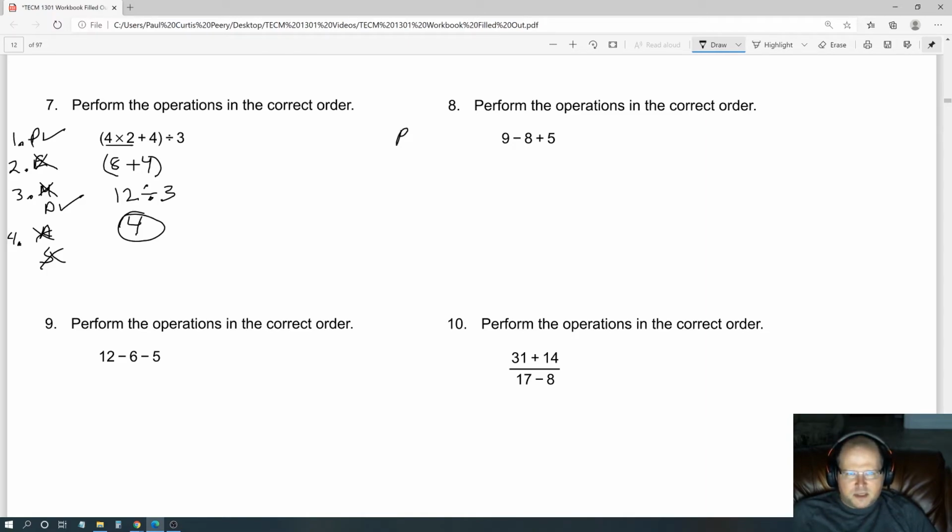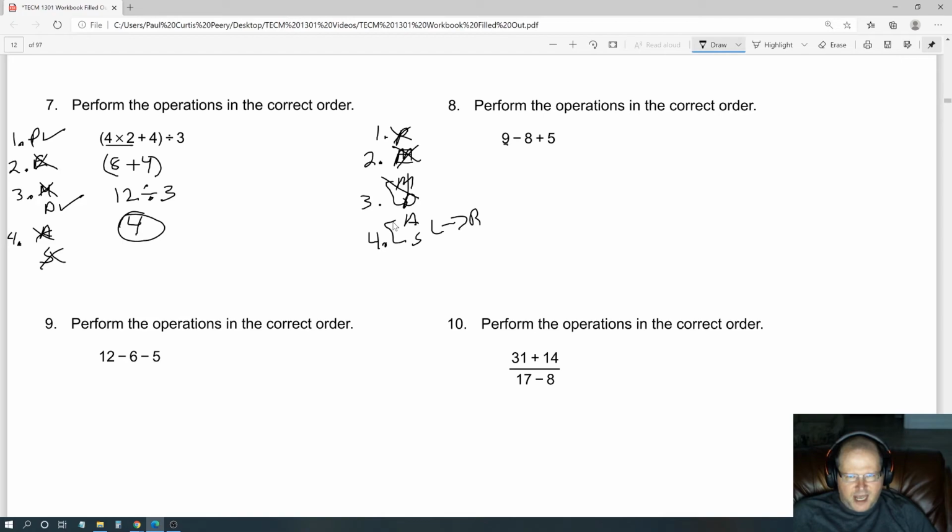We do the next one again, PEMDAS. So what we do here is there's no parenthesis. Is there any exponents? No. Okay, so what about multiplication and division, which is the third step? No. What about addition and subtraction? Yes, you do have addition and subtraction. Now, again, this is from whichever comes first from left to right.